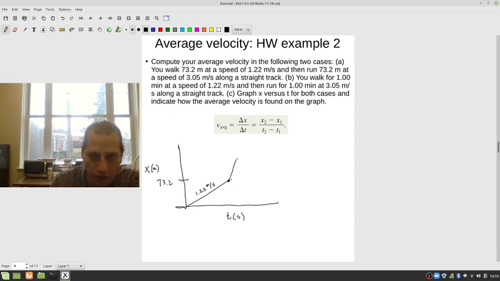So my slope is going to be steeper there, but the distance that I cover is again going to be 73.2 meters, or 73.2 plus 73.2, I guess would be 146.4. You can check my math on that. And the slope here is going to be 3.05 meters per second.